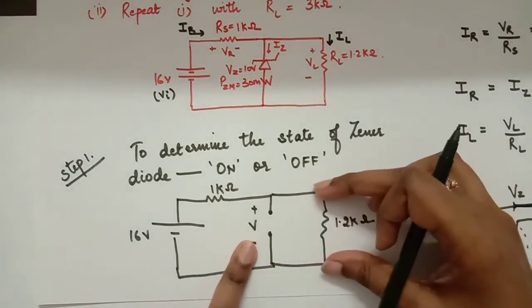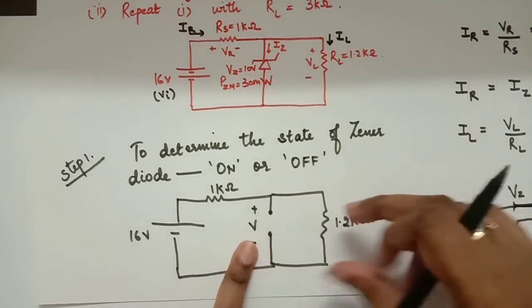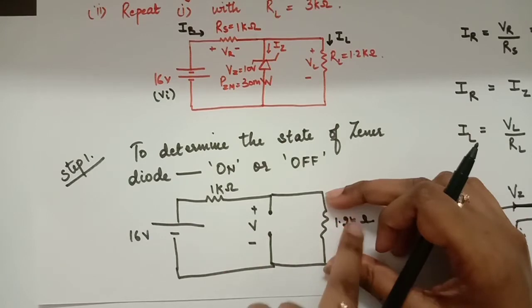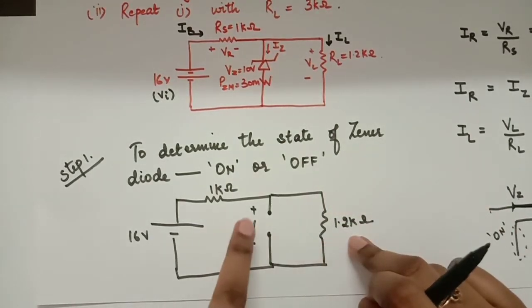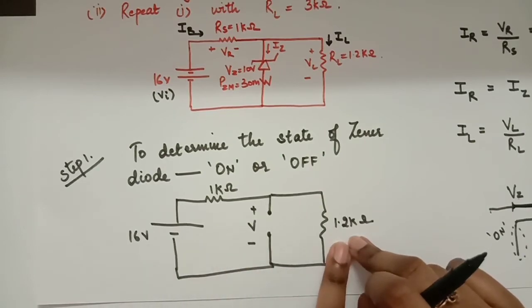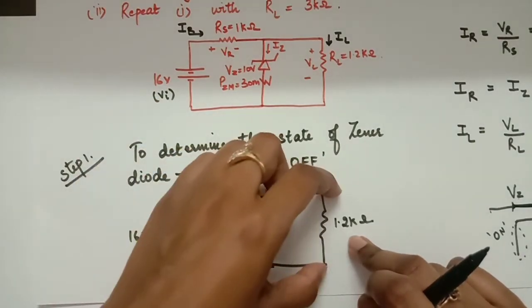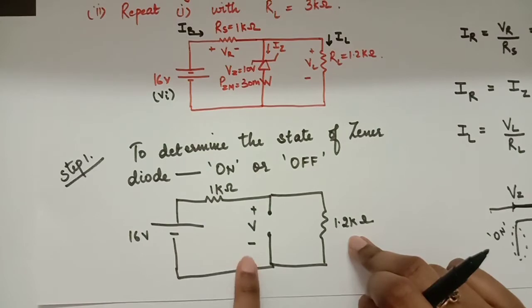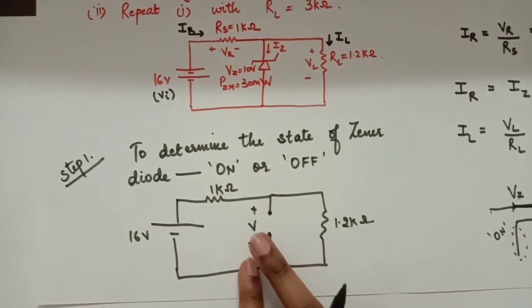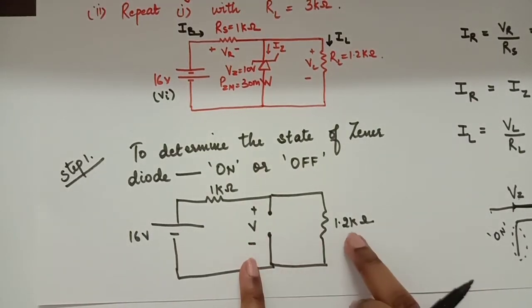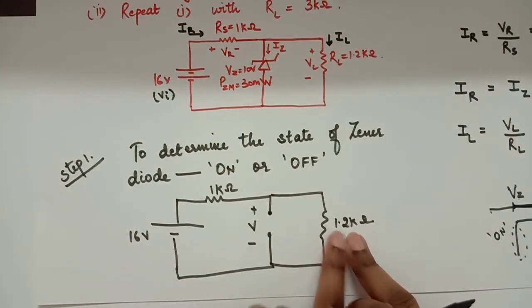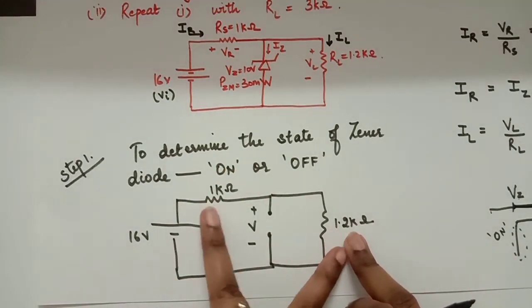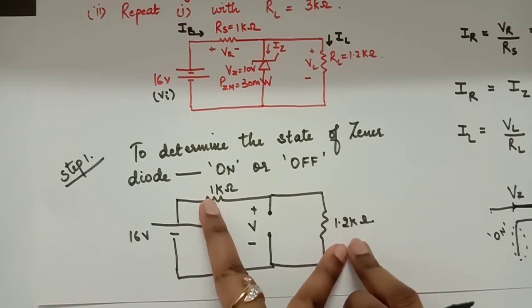So whatever voltage is there, it will be here. So we will consider this resistance, 1.2 kilo ohm. The same voltage will exist across this branch also. So the resistance across which this voltage exists is 1.2 kilo ohm, upon the total resistance which is in series, 1 plus 1.2.